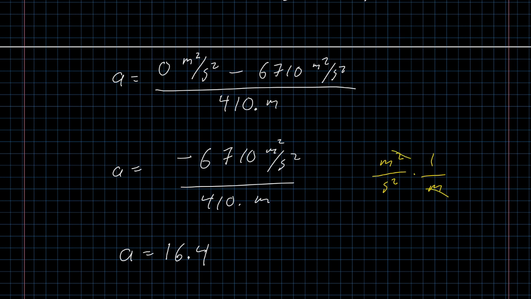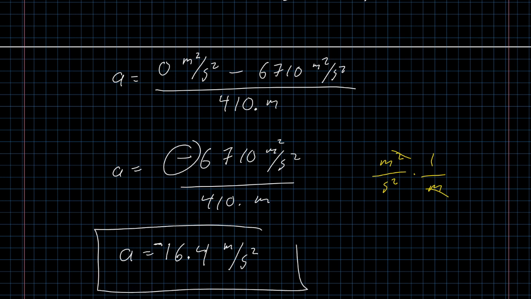One of the factors of meters is going to cancel out, and my units end up meters per second squared, which is exactly what I expected. And of course I have a negative, so that carries along. I think my negative got eaten by my equal sign there. But we need to have an acceleration of negative 16.4 meters per second squared, or a deceleration of 16.4 meters per second squared. The two ways of saying the same thing.